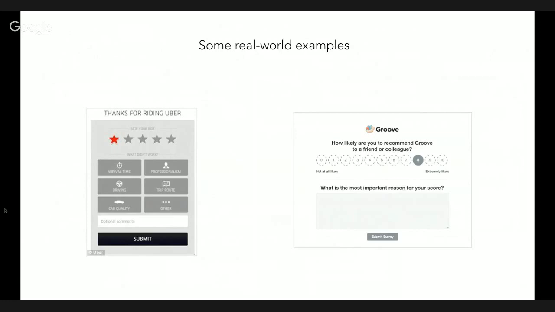Was it the driver, the trip route, the car quality, or was it something else? And that's where you can actually give in your comments as well. That's exactly how Grab is doing it. However, they are not giving any leads for their customer to select, but you can still fill in the verbatim comments. A very crisp way of capturing feedback where the focus is a lot more on taking action.